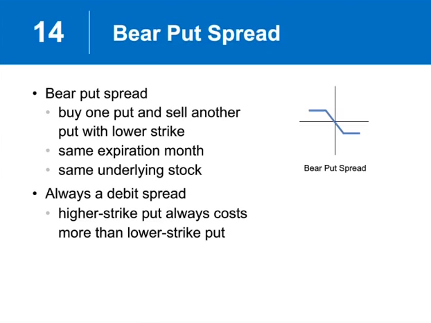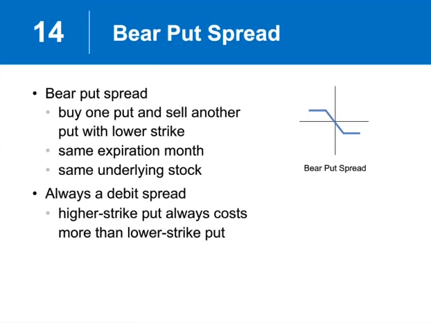Same expiration and of course same underlying. Because we're buying the higher price put and selling the lower price put, this is always a debit spread. So this spread, just like the long put, we're always going to pay for this downside protection.